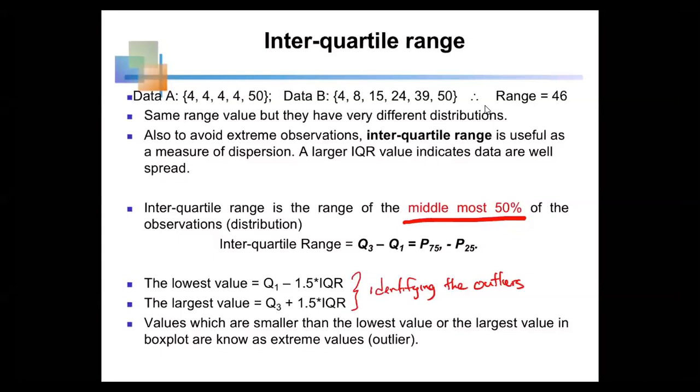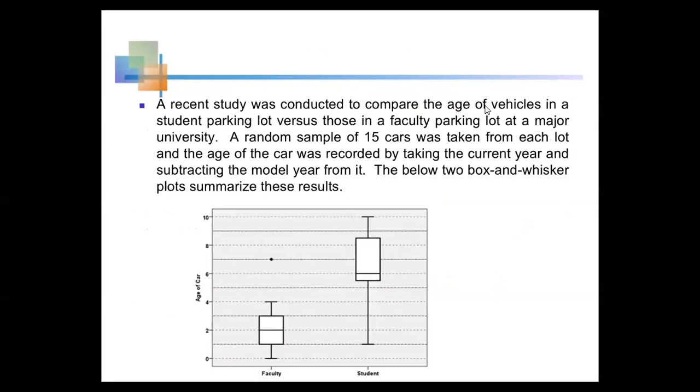Okay. So values which are smaller than the lowest value or larger than the largest value in the box plot are known as extreme value outliers. So, an example here.